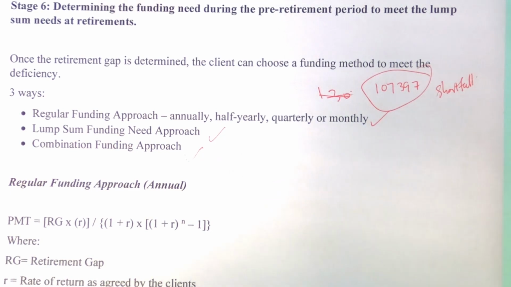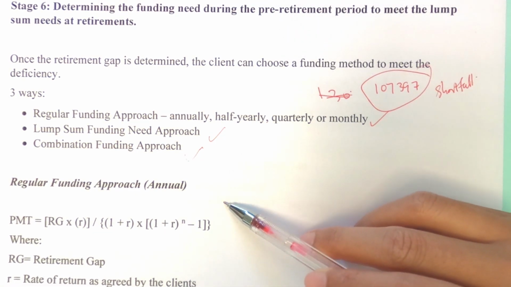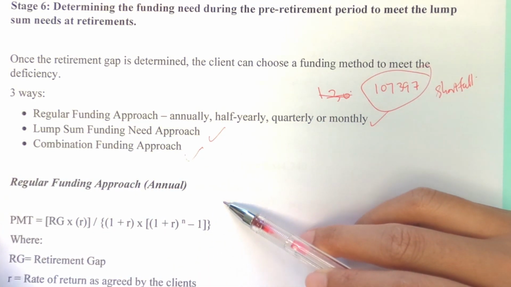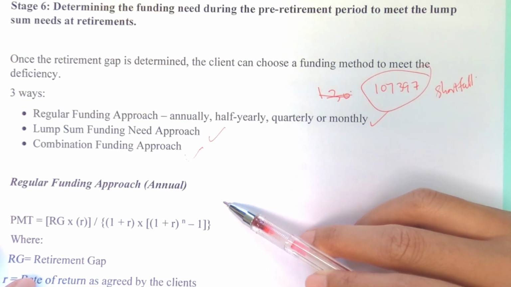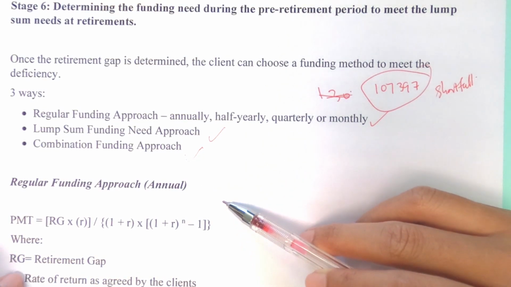I give you an example here for the regular funding approach, where we will make a saving regularly, either annually or monthly.